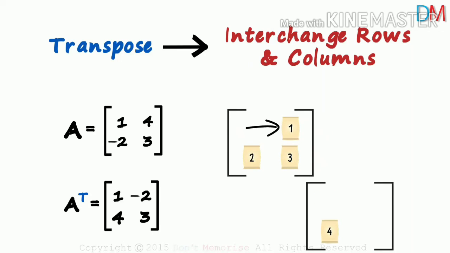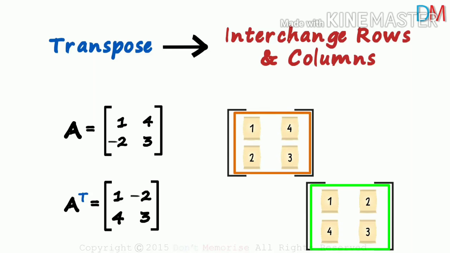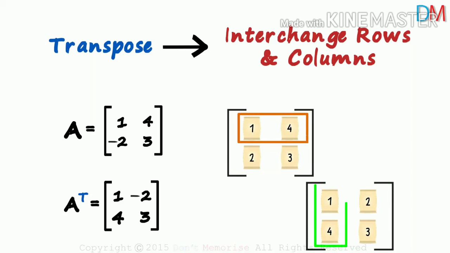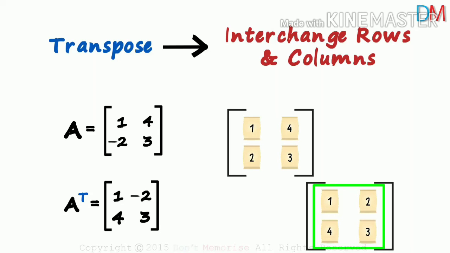And on pushing the 1 kilo bag, it will land on the 4 kilo bag. Now let's push the bags in the second row towards the right. The 3 kilo bag will fall here and the 2 kilo bag will fall on top of it. This is the transpose of this matrix. The first row became the first column and the second row became the second column. So this was just one of the ways to understand transpose of a matrix.